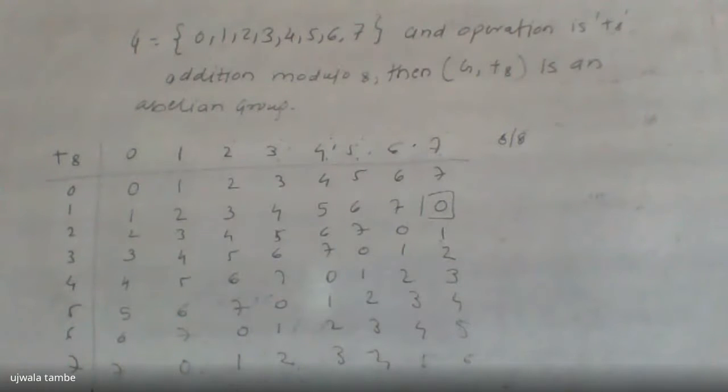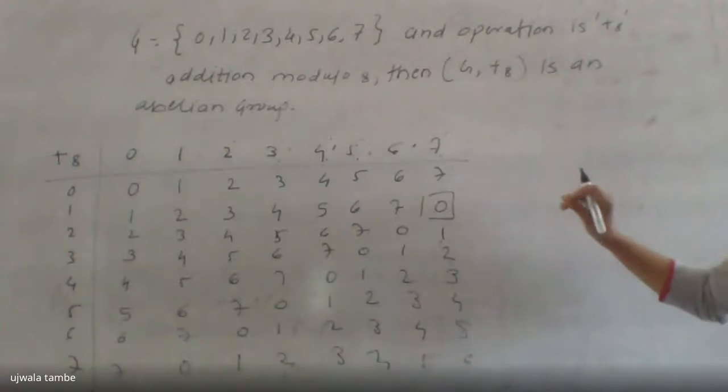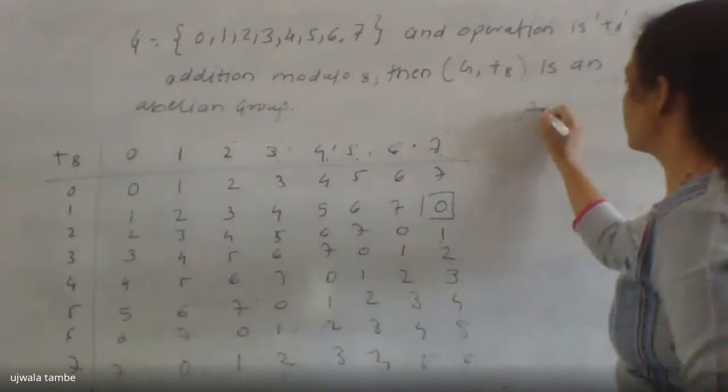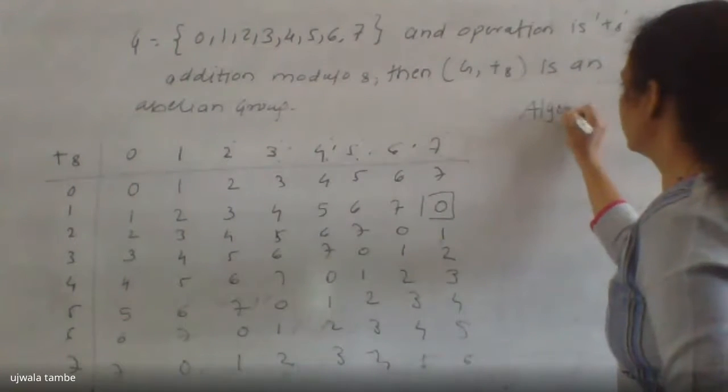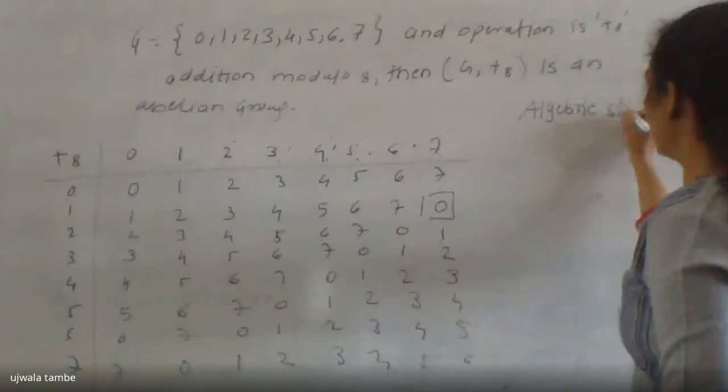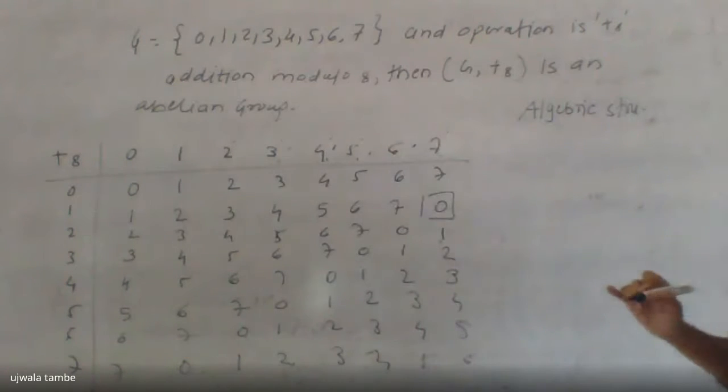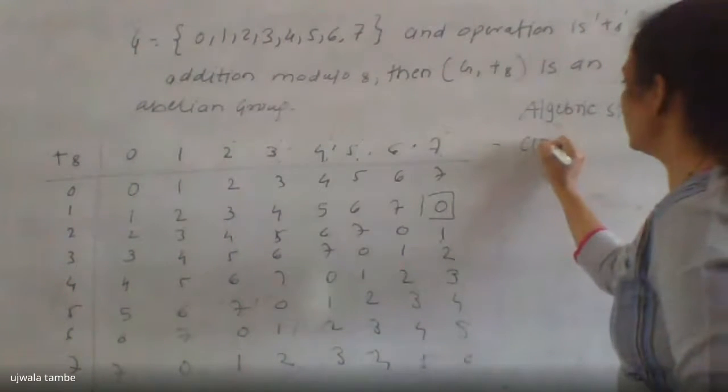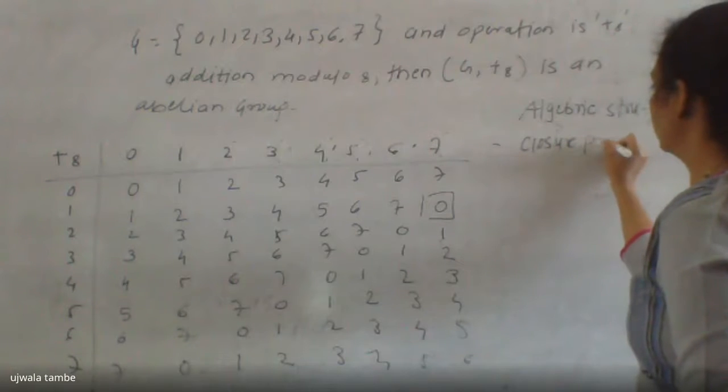Okay. Now, we have to start with our properties. So, what is our first property? First, it should be an algebraic structure. For an algebraic structure, it must satisfy the closure property.